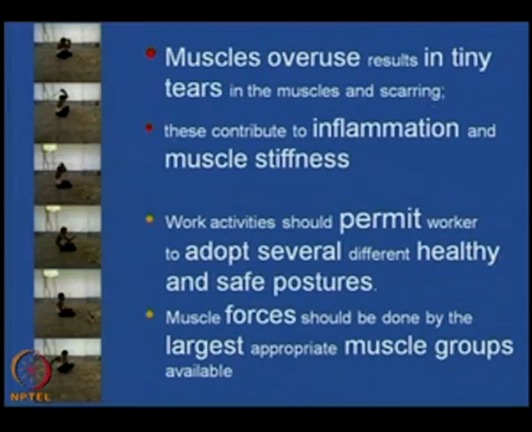These contribute to inflammation and muscle stiffness. Work activities should permit the worker to adopt several different healthy and safe postures. Muscle forces should be exerted by the largest appropriate muscle groups available to exert major force.